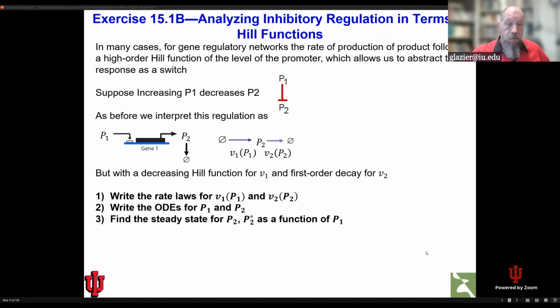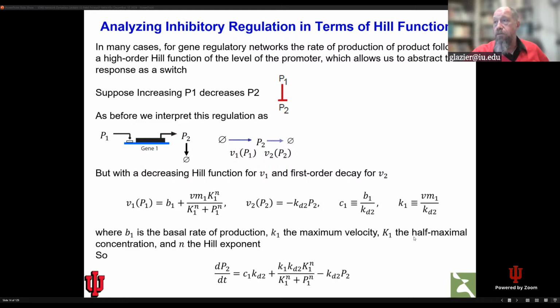And we can do the same thing for inhibition. Not going to walk through all the details. Again, you write the rate of production here. The only thing that changes is that in the numerator of the rate of production, instead of being proportional to P1 to the n, you're proportional to K1, the Hill function, to the n.